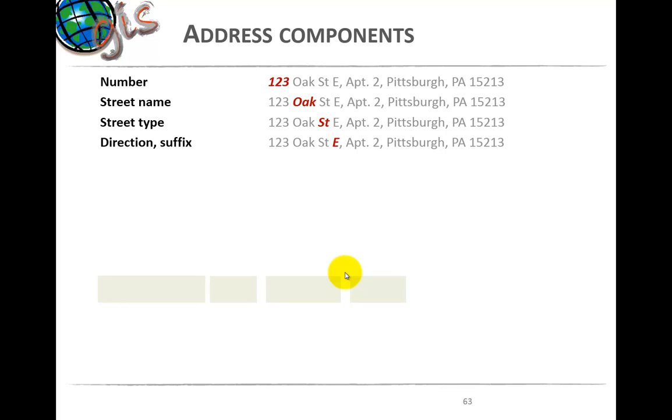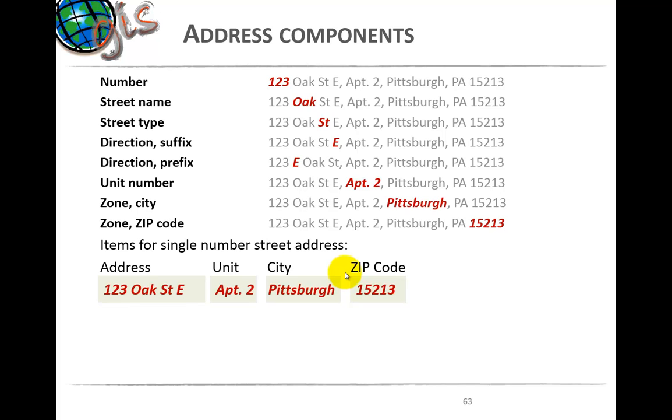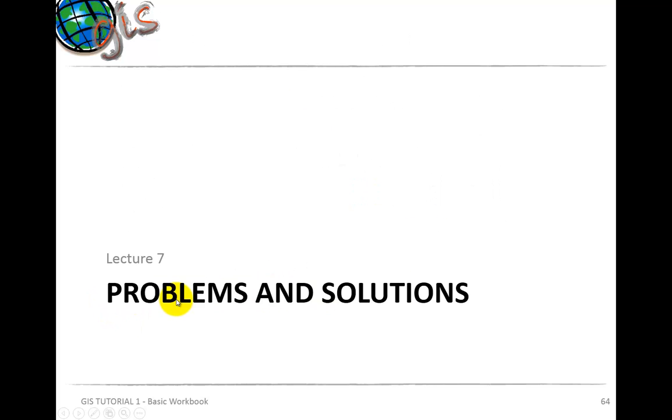When you are generating a database for geocoding or cleaning up your database, you need to understand all these different aspects. An address component has number, street name, street type, direction suffix, direction prefix, unit number, zone city number, zone zip code number, and for single street addresses, it's going to look something like this.